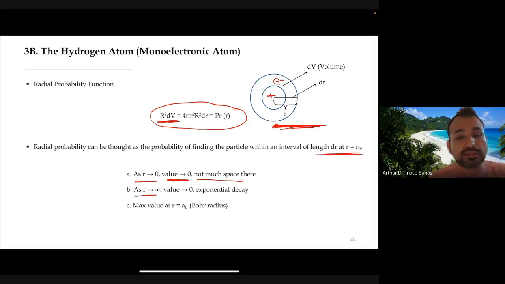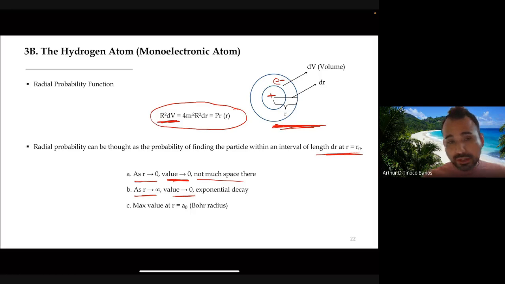From the other perspective, as you increase the value of r, let's say you increase it to infinity, when that happens the probability of finding electrons will also reach 0. And why is it going to reach 0? Because you're going to put the electron so far away from the nucleus that you're going to disrupt the electrostatic attraction between the electron and the positively charged nucleus.